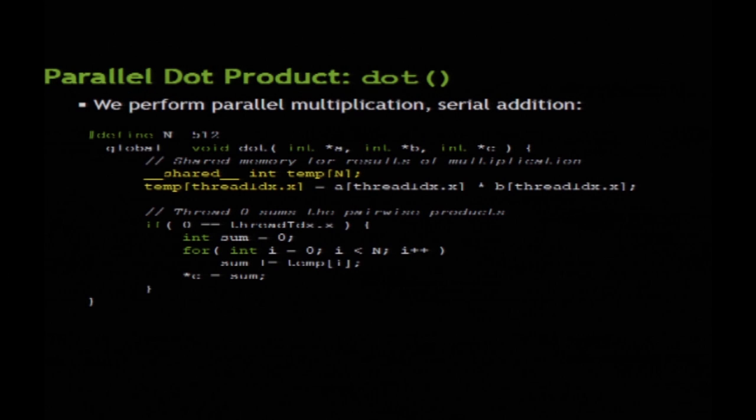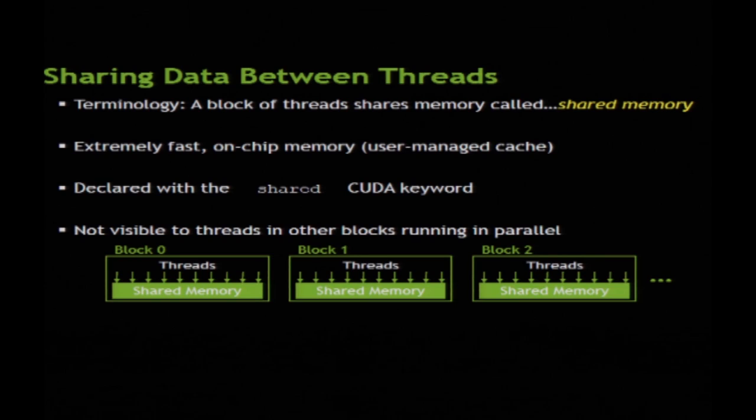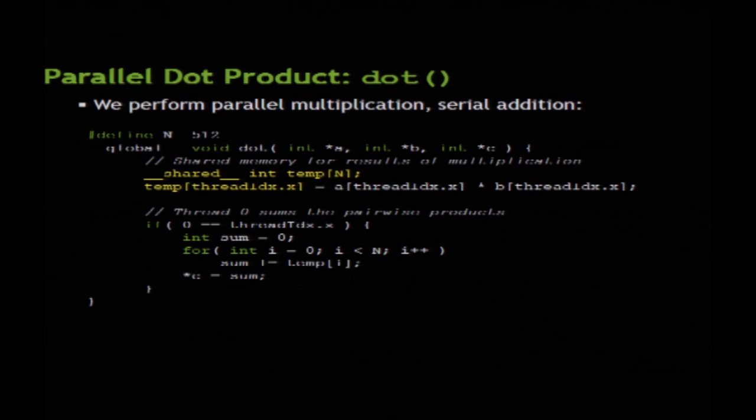Let's continue on where we left off. We have this dot product, and if you remember, we were talking about what the benefit was of having threads and blocks of threads, and it boiled down to this shared memory concept. You could have the kernel go through and do the summation of the individual private data, and here we've created the shared data.